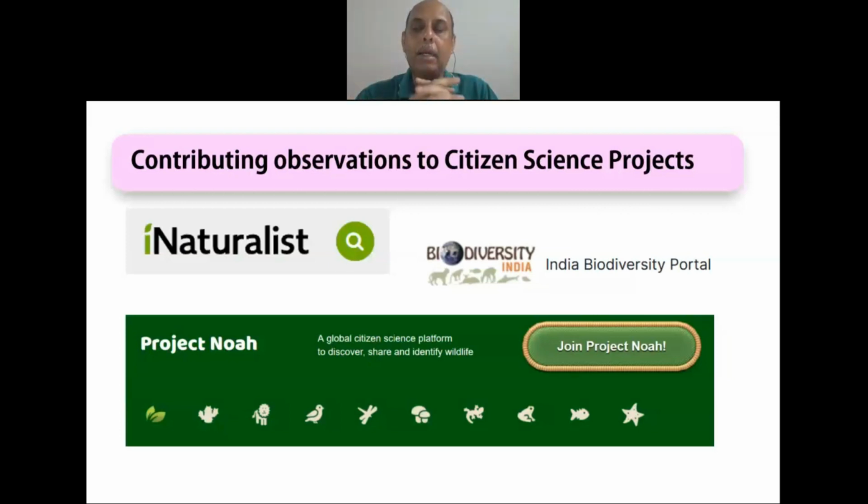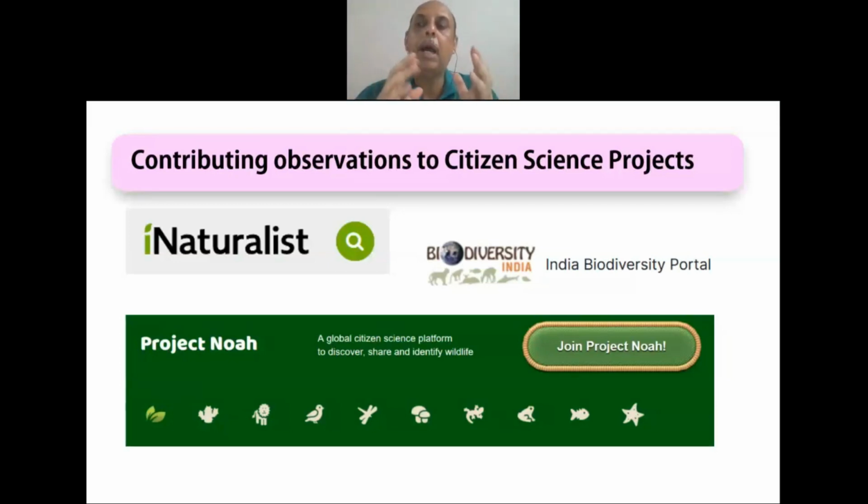You can create a project in iNaturalist or in the India Biodiversity Portal. In that project, you can select an area, your district area. You can share that link with your friends in that district. Then you may be able to gather what species are found in that particular district.